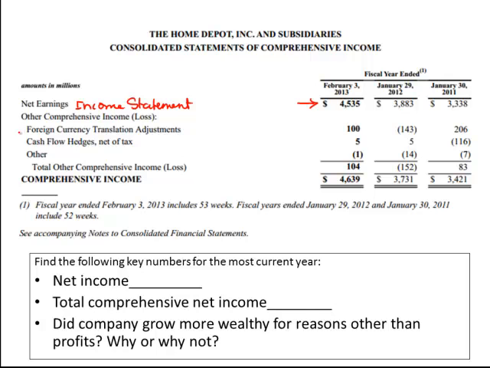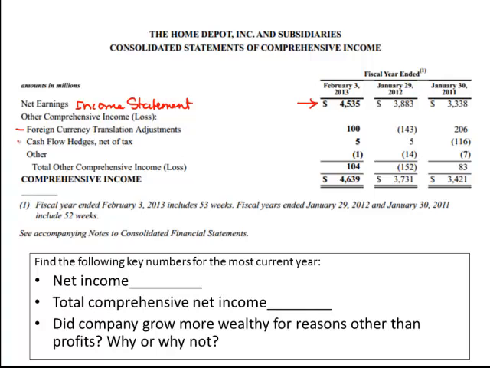And what they include is if there's foreign currency translation. Home Depot is a global company, and so when they do their financial statements, they have to convert all those foreign currencies back into US dollars so they can include them in the financial report.